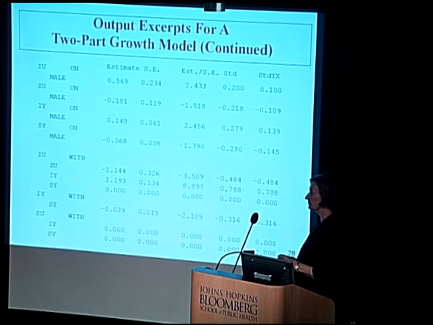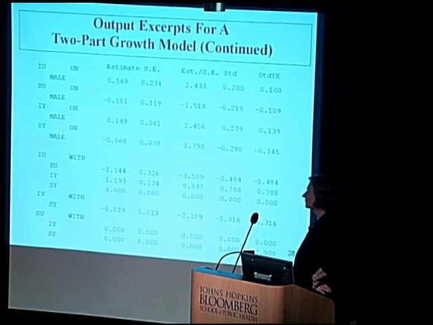So it's a standard way of reasoning. As x increases 1 unit, beta tells you how much y increases. In this case, we only have a binary x. Compared to females, males are expected to have 0.569 higher value on the IU.